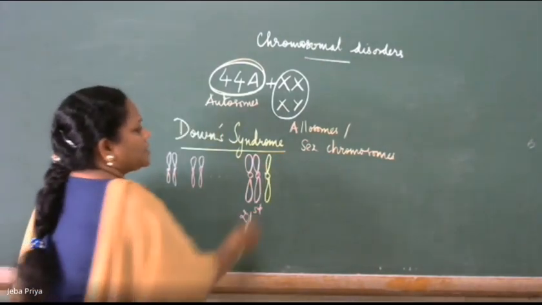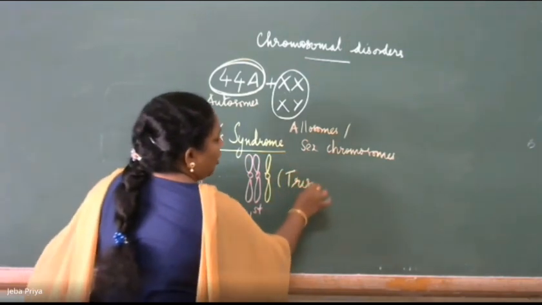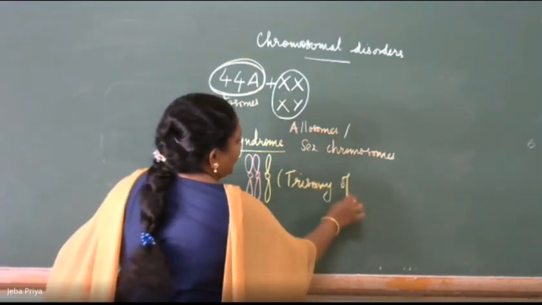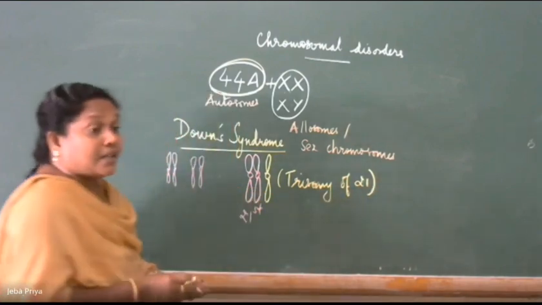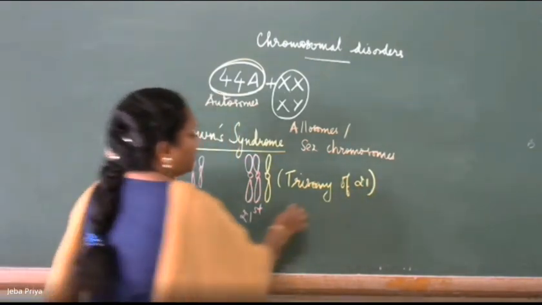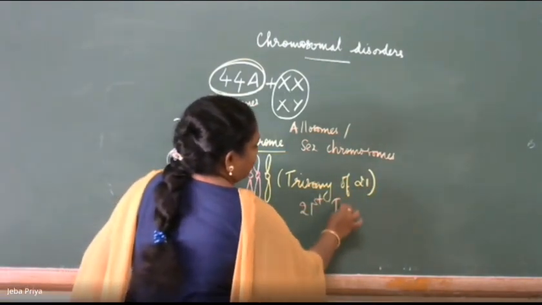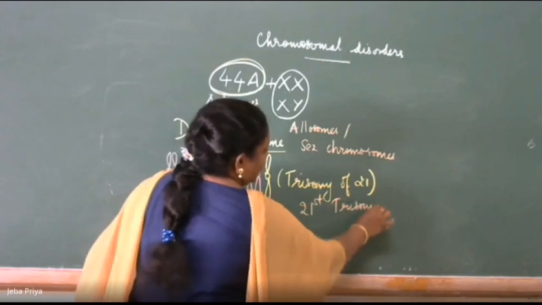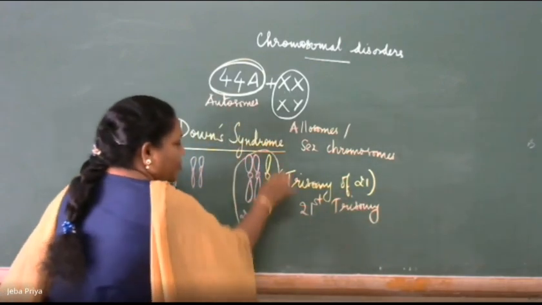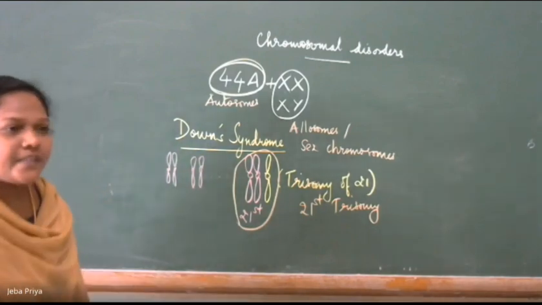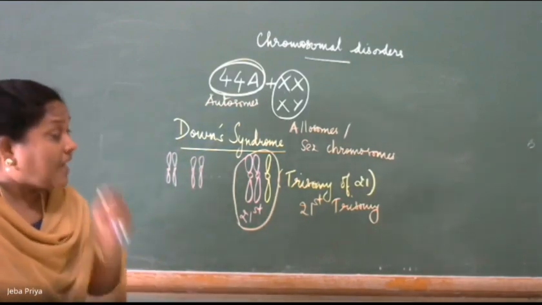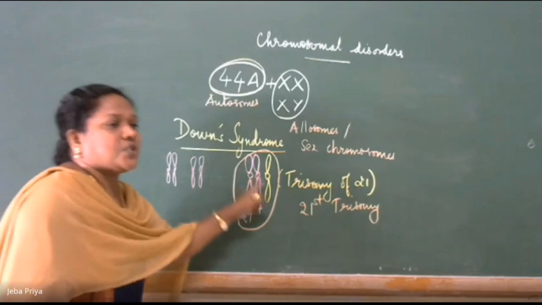So you call this trisomy of 21, or 21st trisomy. The 21st chromosome is 3 in number. So there is an additional copy of the 21st chromosome.